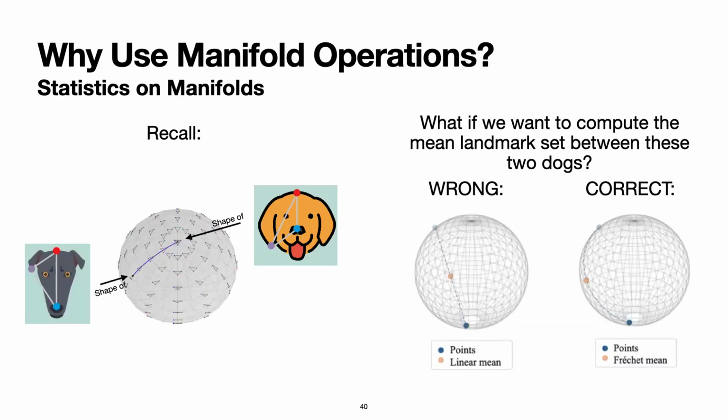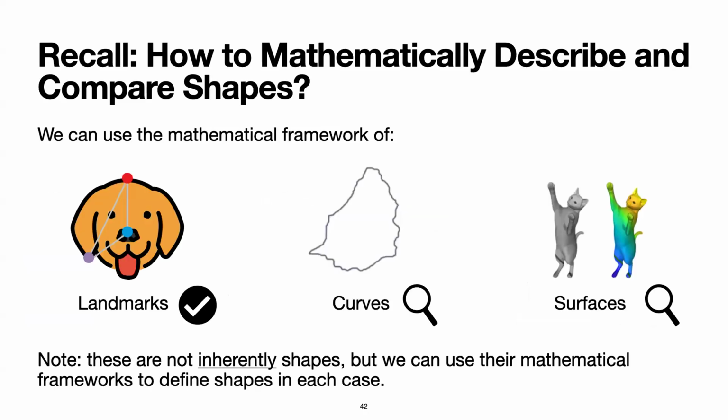So we've covered manifold operations, we've covered landmarks, we've covered how to make landmark sets into shapes, and why they fall on manifolds also. So that's one way to mathematically define a shape, is with landmarks. But curves and surfaces span some separate questions. For example, what if you just really want to know the full shape of this cell?